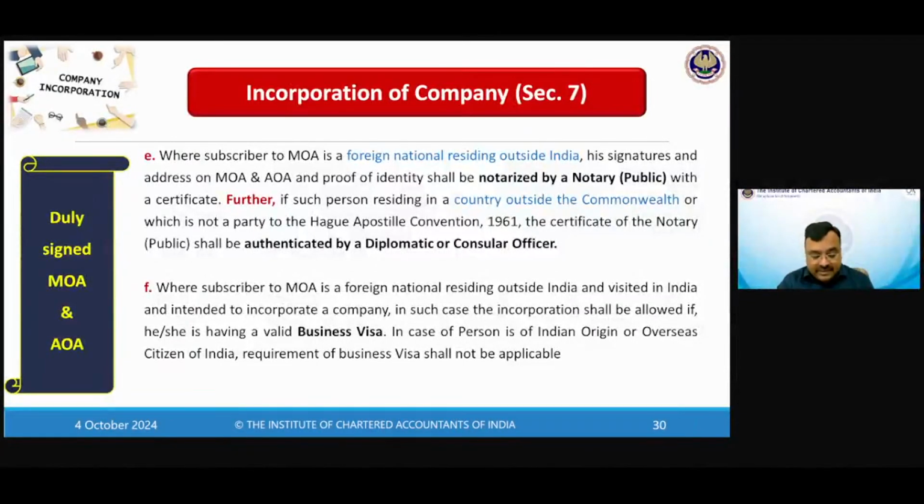So in this case, the person is a foreign national, and his details are attested by a notary public, not by a normal person.